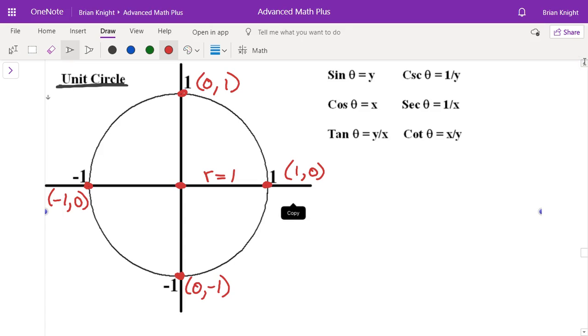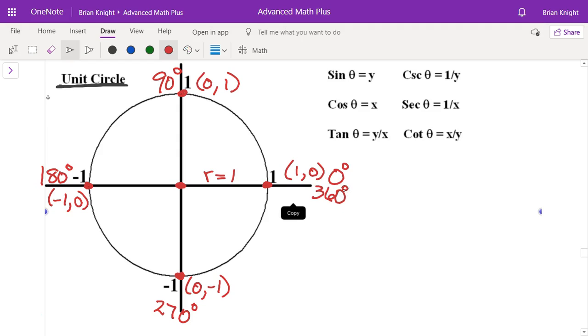So this is 0 degrees. Up here is 90 degrees, 180 degrees, 270 degrees way down there, all the way back up to 360 degrees.